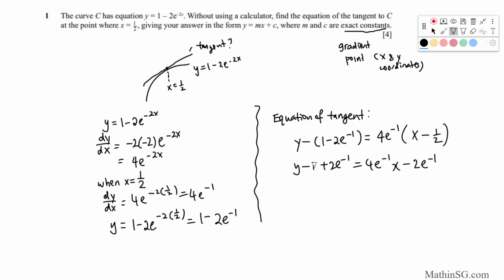I can bring this over, because I need to make y the subject, since this is the form that they want. These two I can combine. So minus 2e to the power of minus 1 minus 2e to the power of minus 1 is minus 4e to the power of minus 1.